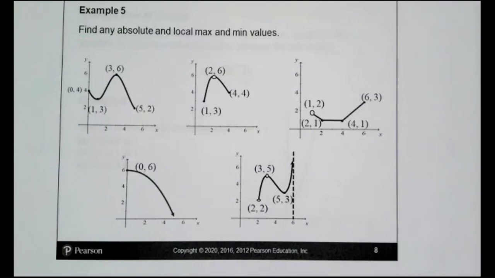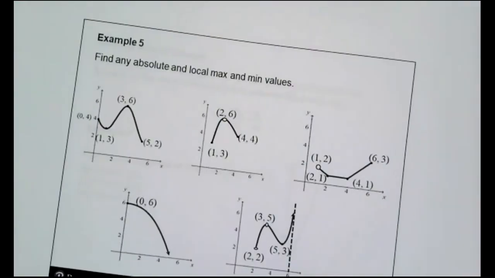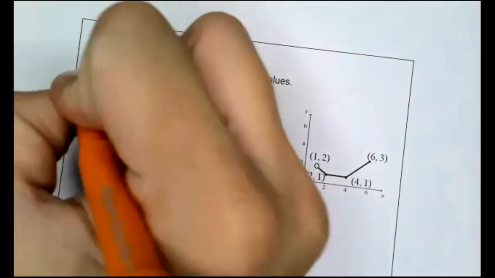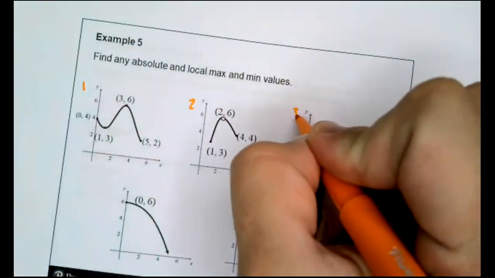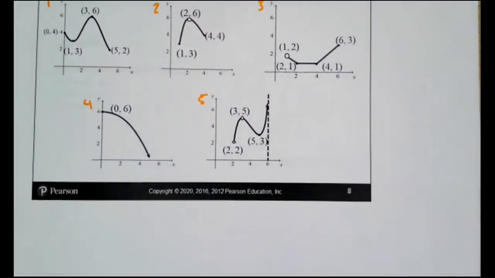All right, let's practice these. We're finding absolute and local max and min values. Okay, so let's number them 1, 2, 3, 4, 5. Number 1.